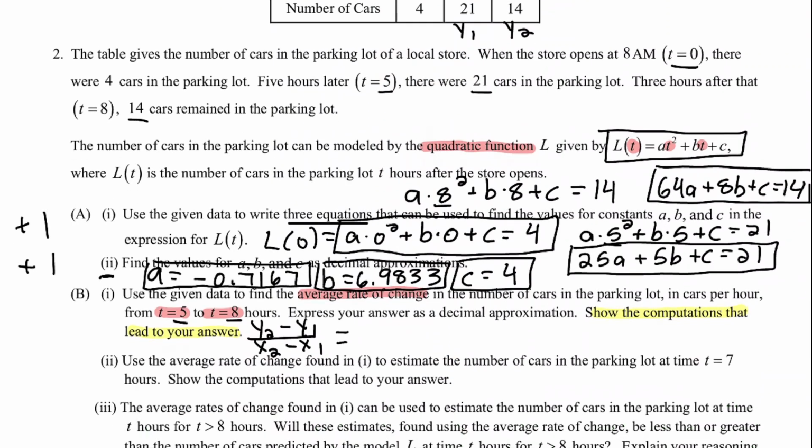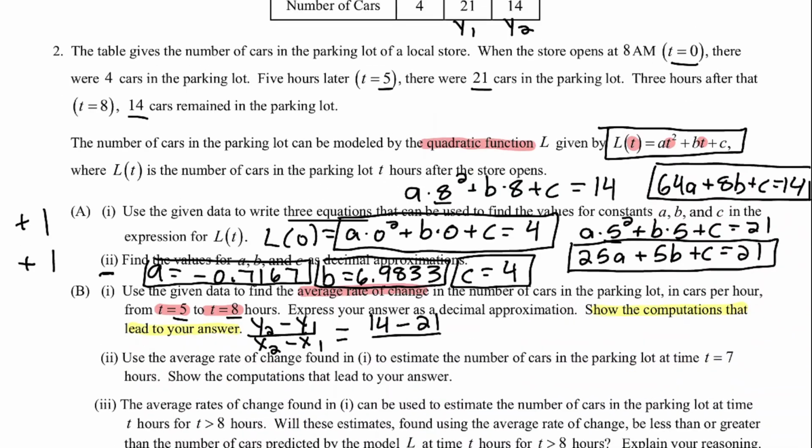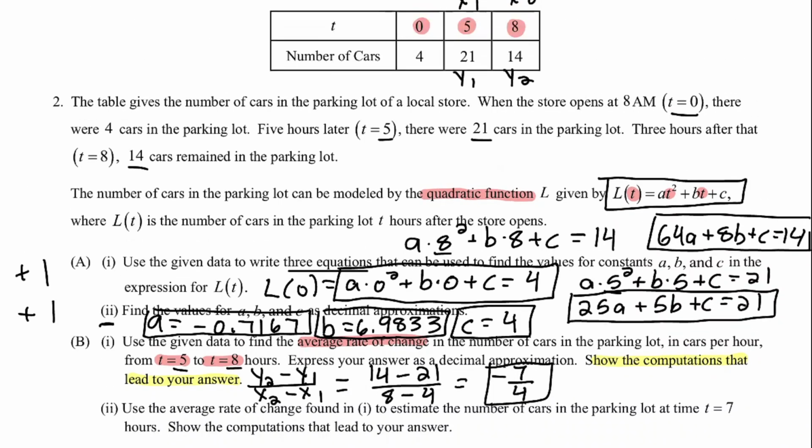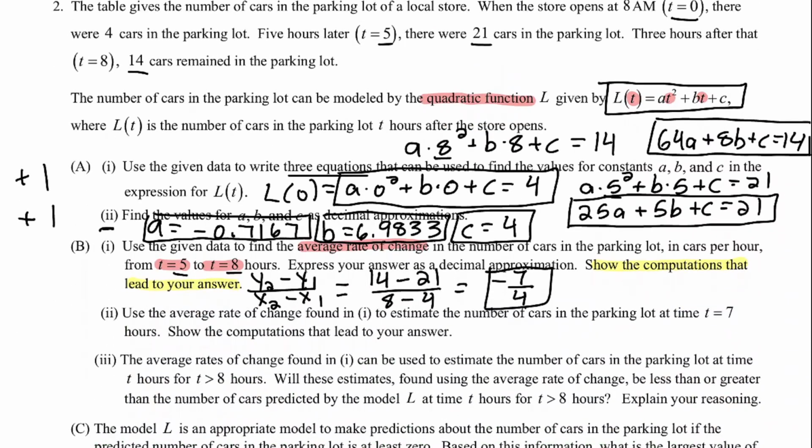I'm going to do y2 minus y1 all over x2 minus x1. 14 minus 21 gets me negative 7 over... oh, it's 8 minus 5 and it's 3. Sorry. Negative 7 over 3.